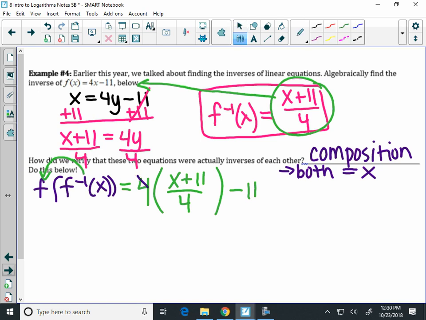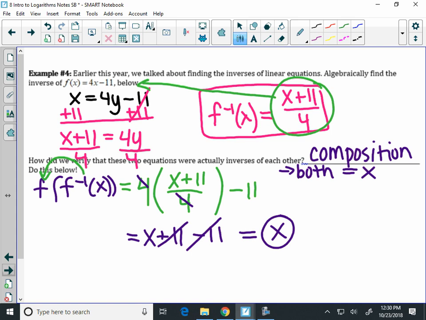Right, so I can cancel those 4's off, and I'm left with x plus 11 minus 11. Then the 11s cancel off, and you get an x. Is x what you want when you do these compositions? Yes. If we felt like it, which we don't, we would do the other composition, and you should get x as well. That proves that they are inverses.